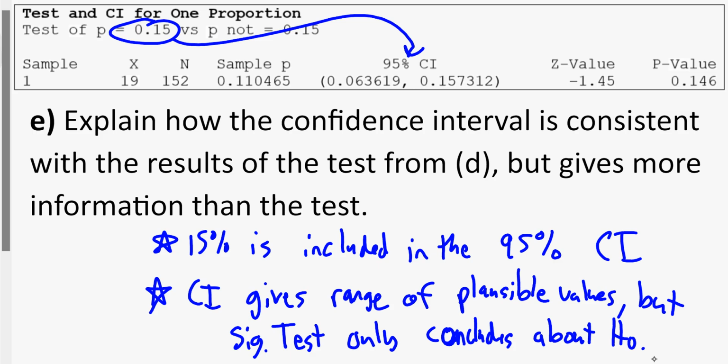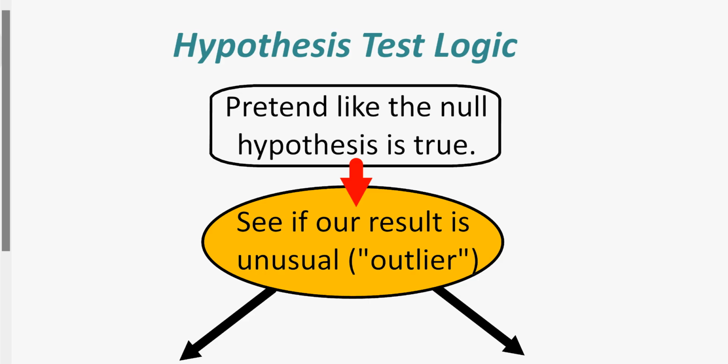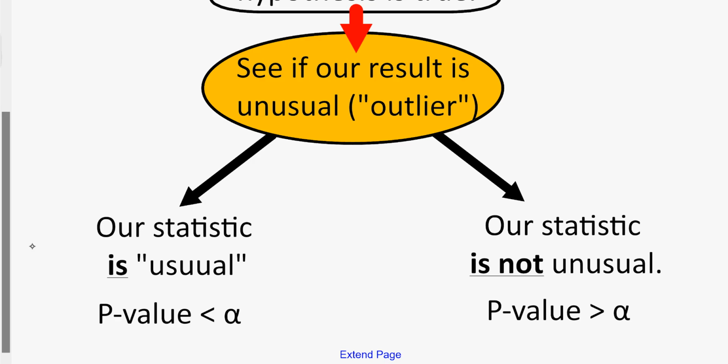So to finish up here, just some logic. If you're doing a hypothesis test, we're going to pretend like the null hypothesis is true, and we're going to test it out and see if our result is unusual based off of that. It's like considered an outlier. If it is unusual, then the p-value would be less than the alpha, and we would reject the null.